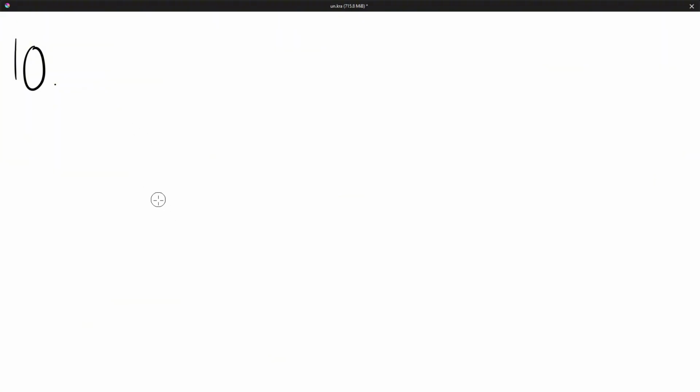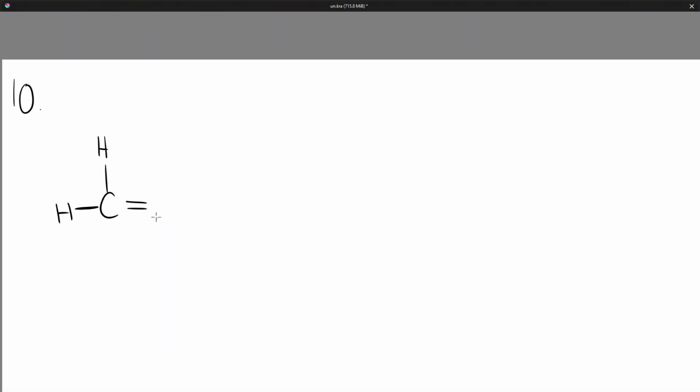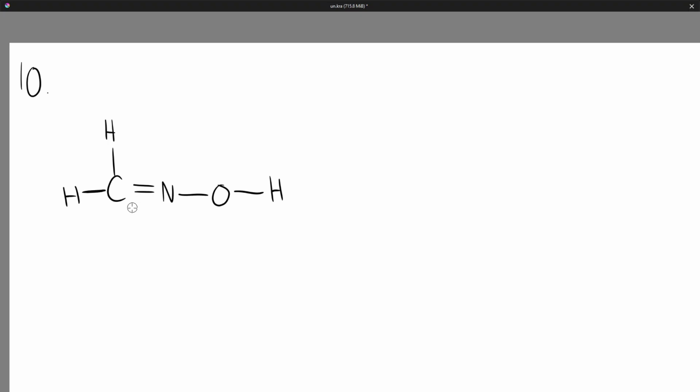Like if you see the last page on a study guide for the VSEPR stuff, it's all single bonds, you don't see any double bonds there. But here, for this molecule, for example, you do see a double bond, and that's where you should expect to see some deviation, right here.